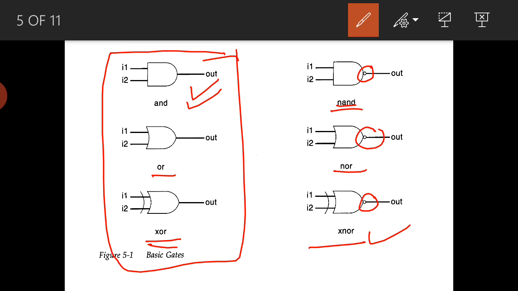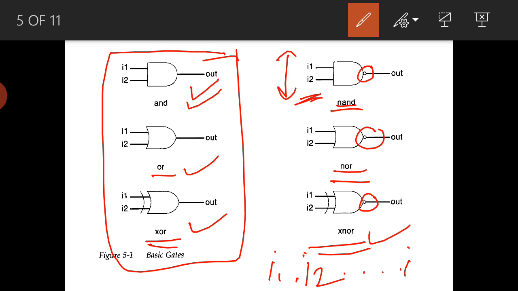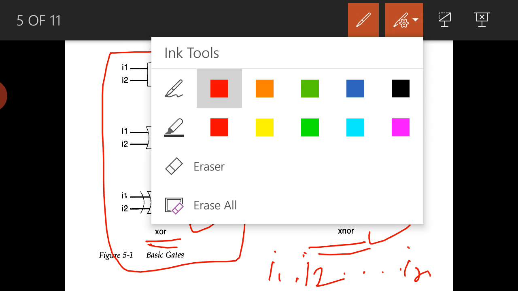So NAND is the reverse of and, NOR is the reverse of or, and XNOR is the reverse of XOR. These 6 gates are the and/or type, and here we consider only 2 inputs. A gate may have any number of inputs, like I1, I2, up to IN: 3, 4, 5, 8, 13 inputs, but the output will always be one only.